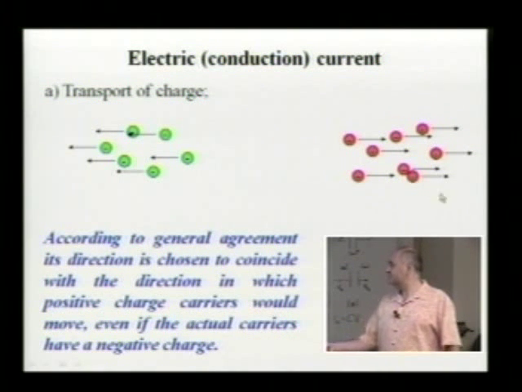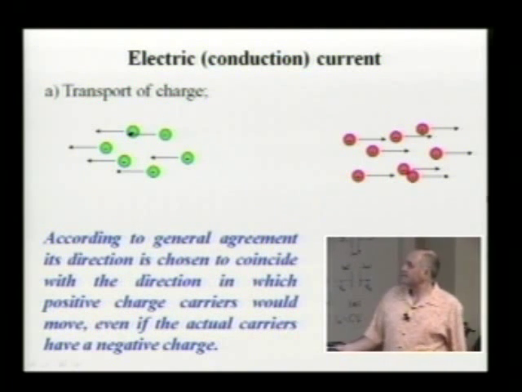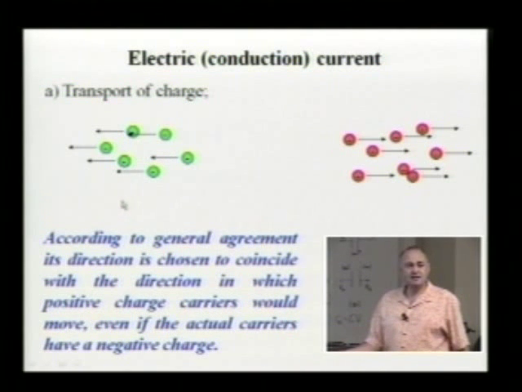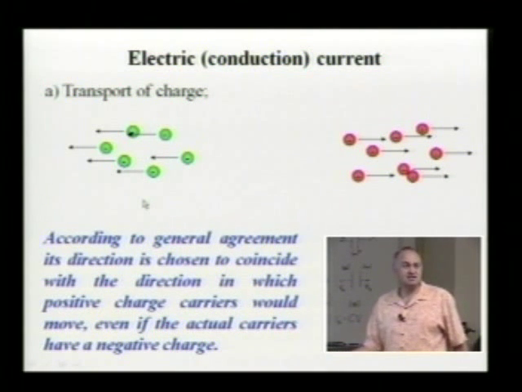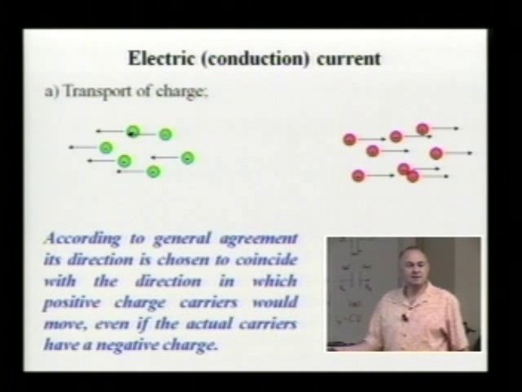Positively charged particles: you have to follow which way the positive charge is moving. Now, how about electrons? Who believes that the current is flowing to the right? Who believes that it's flowing to the left?